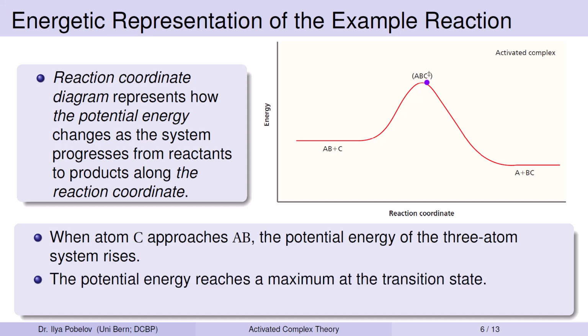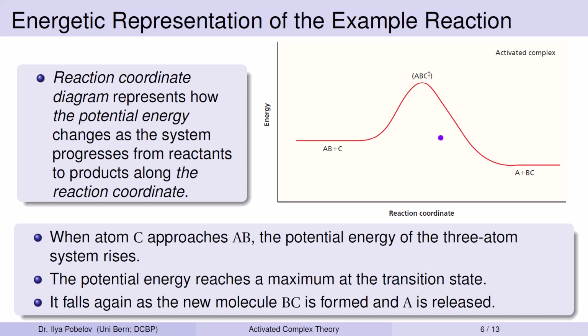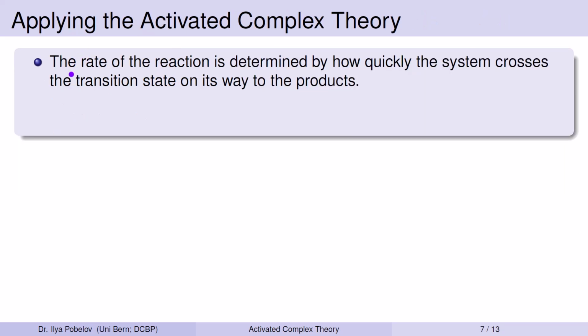It reaches a maximum at the transition state before falling again as the new molecule BC is formed and A is released.